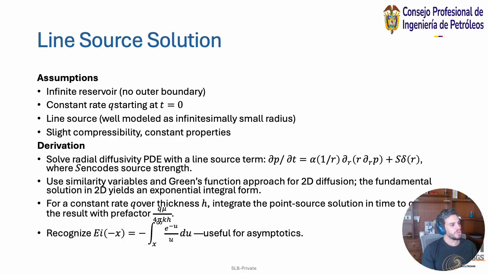Another assumption, and again, this is a very ideal scenario that is not really realistic in the real world, is a constant volumetric flow rate starting at t equals 0. You're also assuming that the well radius is approaching infinitesimally small, so it's approaching 0.